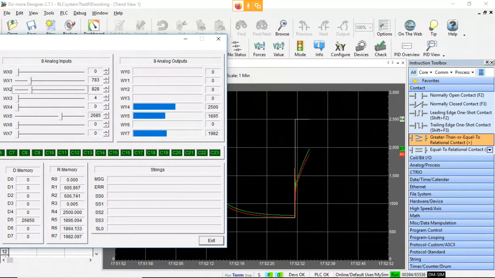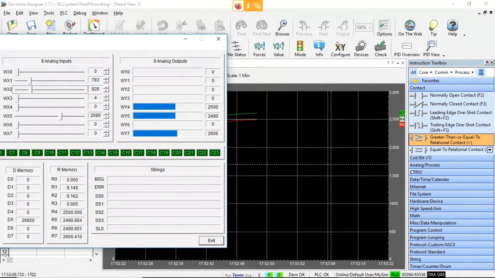So, all right, that was the long answer to: is it working? Is it following the set point? Is it heading toward the set point in a controlled sort of way?